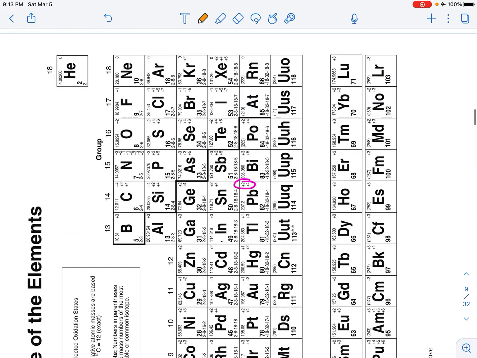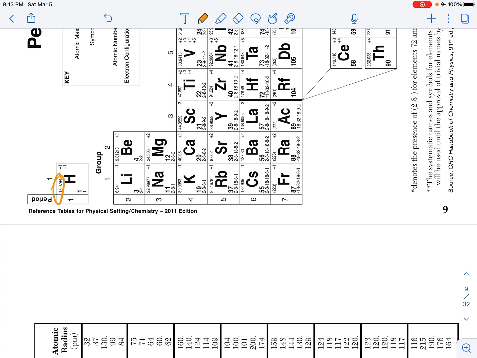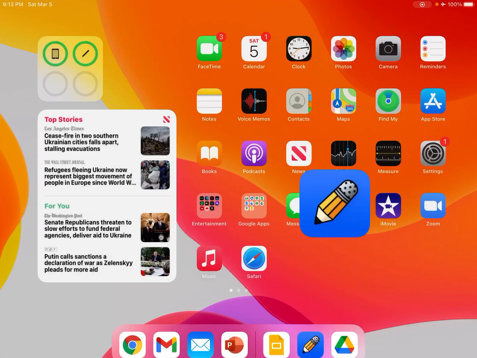Here we have oxygen, 15.9994, which is 16, but it's O2, so we've got 32 grams per mole. That's molar mass, or we could say AMU. And then here we have hydrogen, which is 1, and times 2 would be 2. So we have 32 for oxygen and 2 for hydrogen.